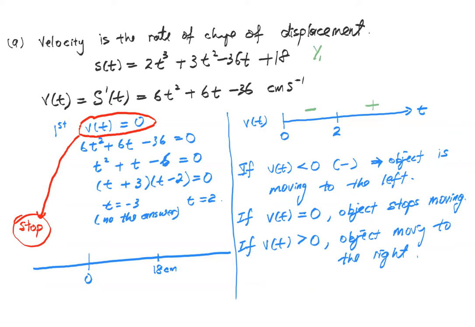Do you know in which direction it moves? You don't know. So what must you do in order to know the direction of motion at the beginning? So I have to find the initial velocity. Am I right? Can you look for the initial velocity?